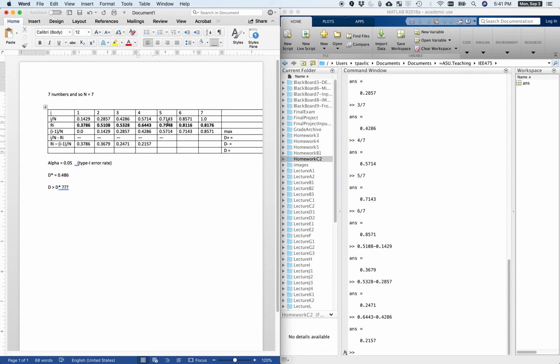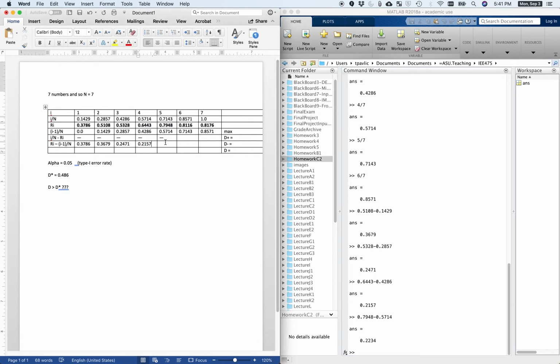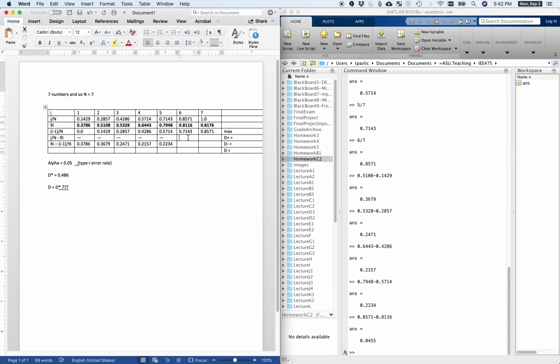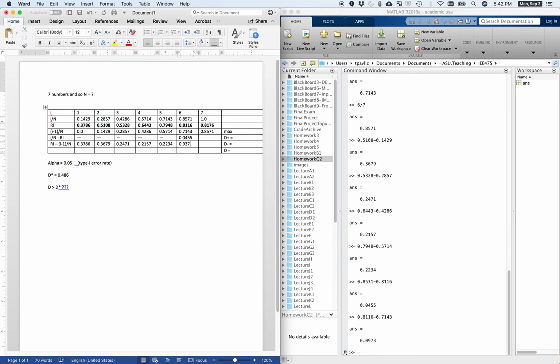Then I look at 7948 minus 5714, and that gives me 2234. Now I can calculate this one because it'll be positive again. 8571 minus 0.8116 is 0455, and then 8116 minus 0.7143 is 0973.